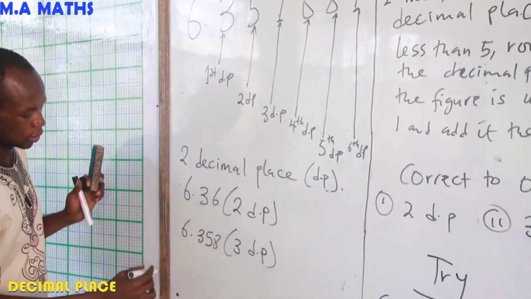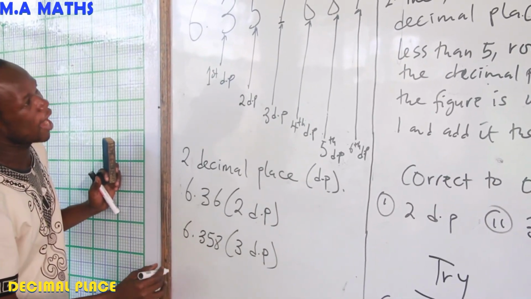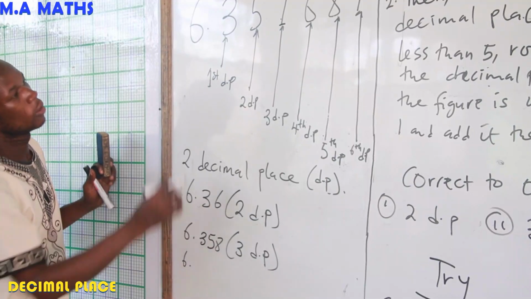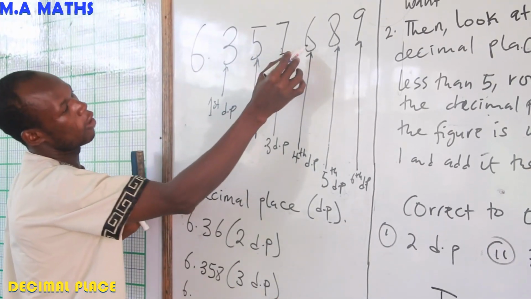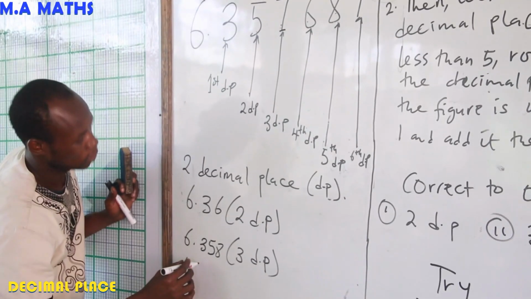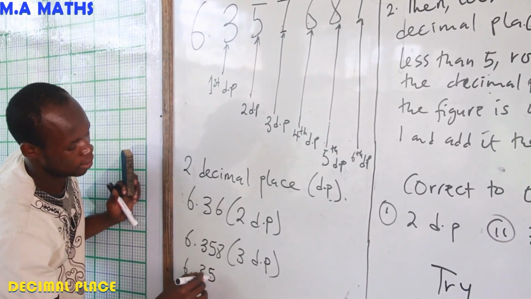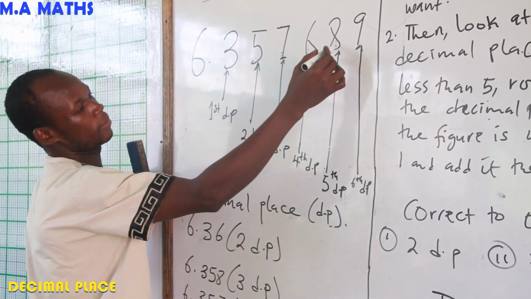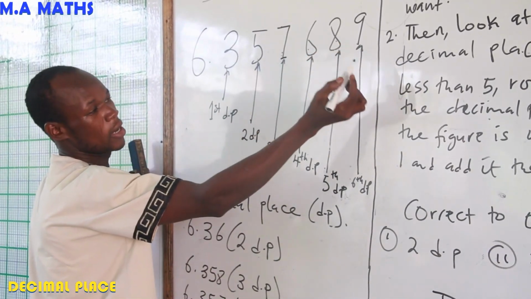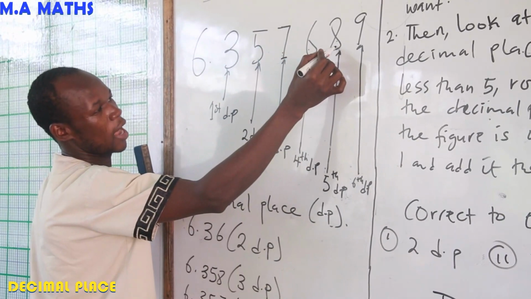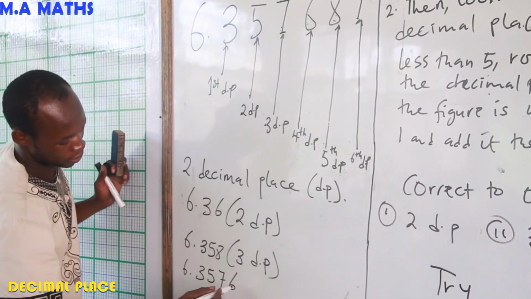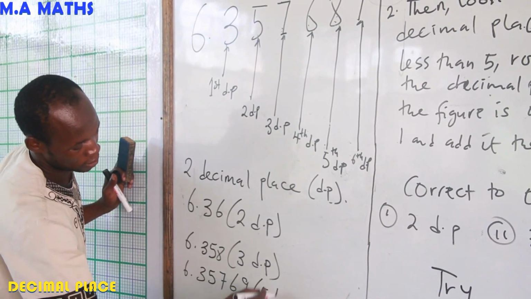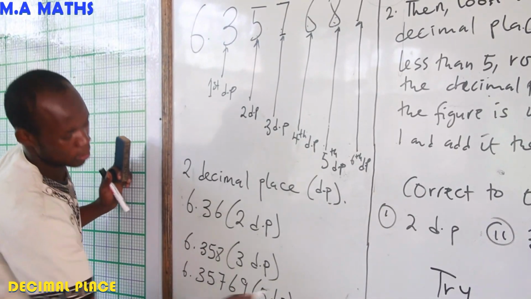Let's look at 5 decimal places. 6 point, we count 1, 2, 3, 4, 5. That is 3, 5, 7, 6, 8. But the next number is 9. Round it to 1 and add it to the 8, giving us 9. So we have 5 decimal places.